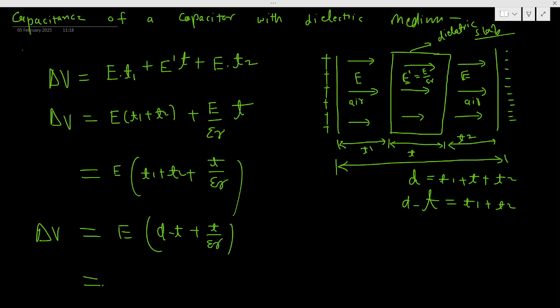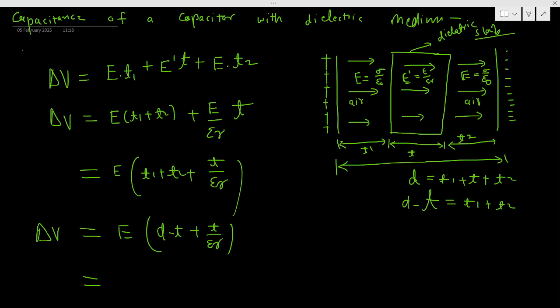Now, what is the value of the electric field in air between the plates of the capacitor? We are already aware of that: it is sigma by epsilon naught. Here it is the same, and here also it is sigma by epsilon naught.